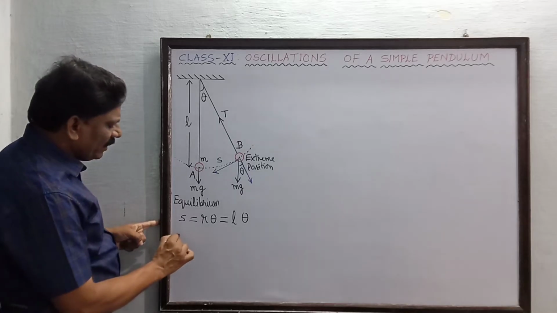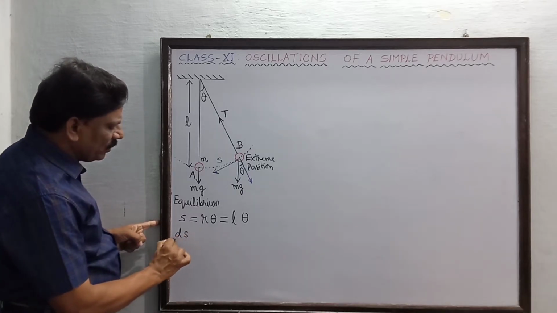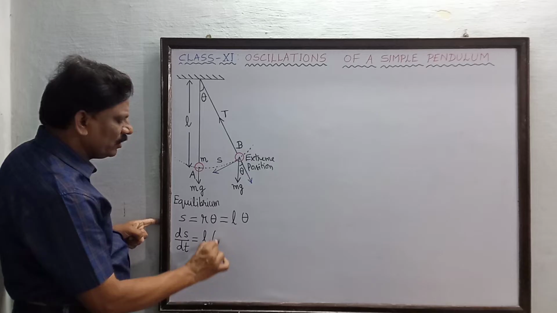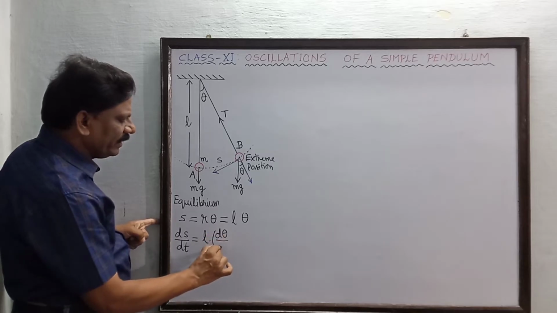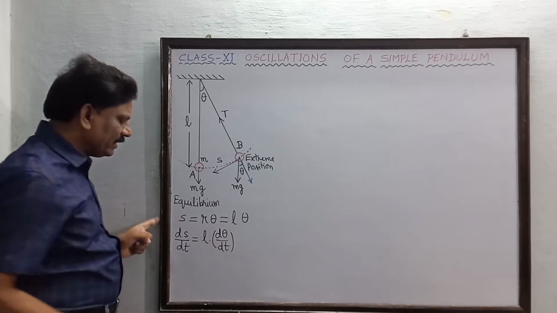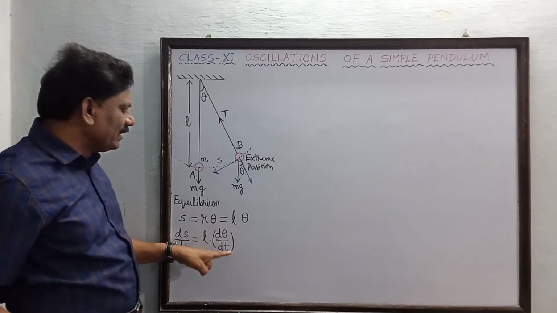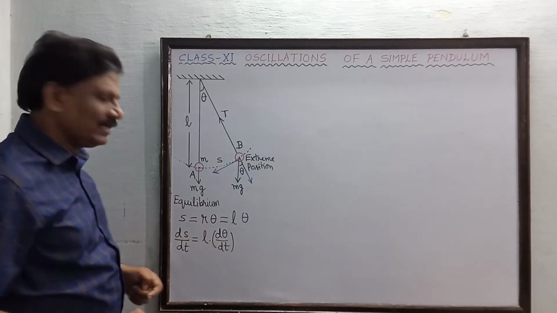Now I will differentiate this with respect to time, ds by dt, that is equal to L into d theta by dt, where ds by dt is called the linear velocity and d theta by dt is called the angular velocity.